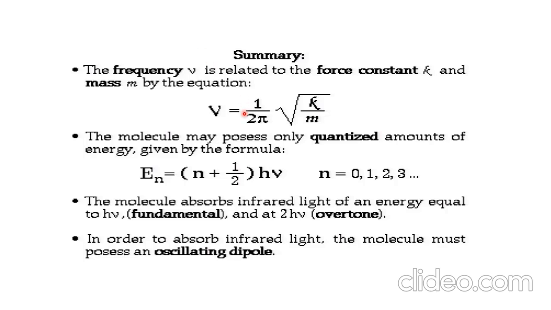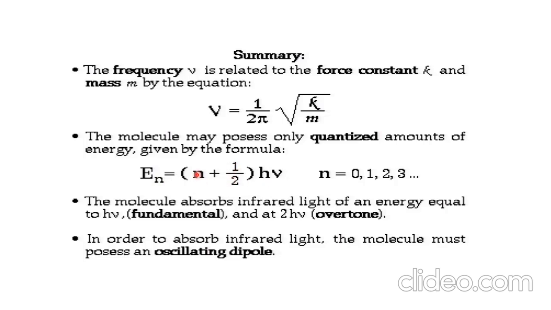Okay. So quantized means it is an integer, like 0, 1, 2, 3. If you put n equals 0 here, there will be energy at the zeroth level, so that is half h nu.